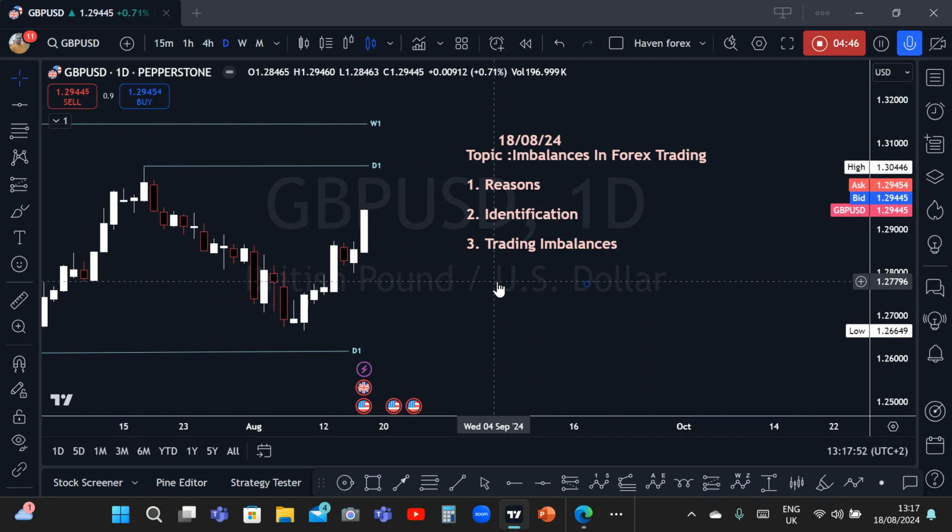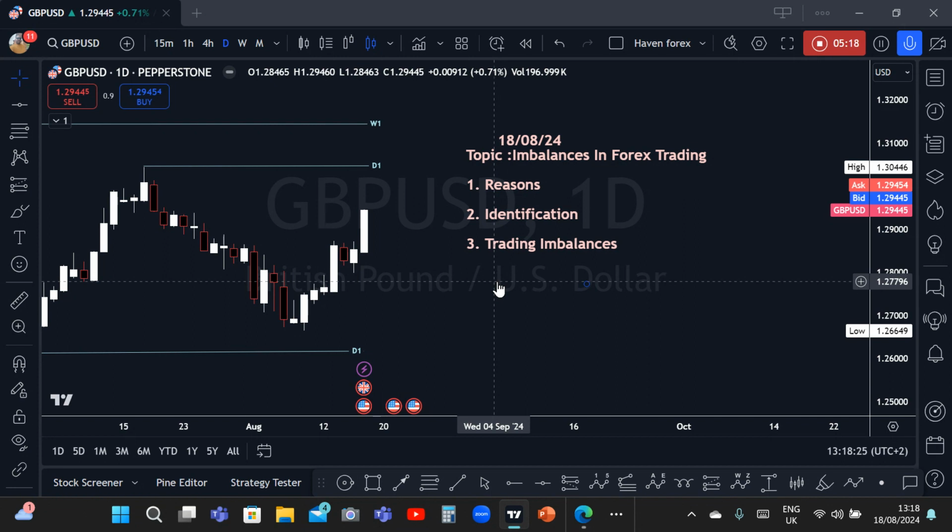But on the other hand, if the sellers' orders are more than the buyers' orders, you see a significant or rapid drop of price. You will see a bearish movement, and it will then create a significant disparity. So that is the reason why imbalances occur in the market.